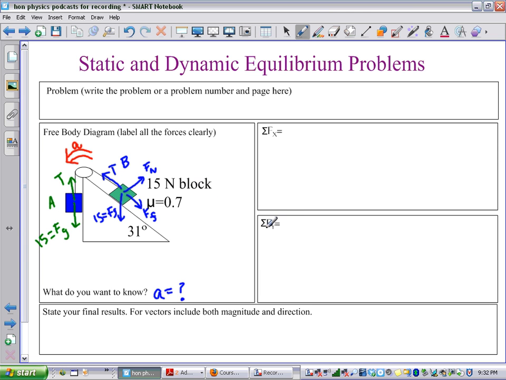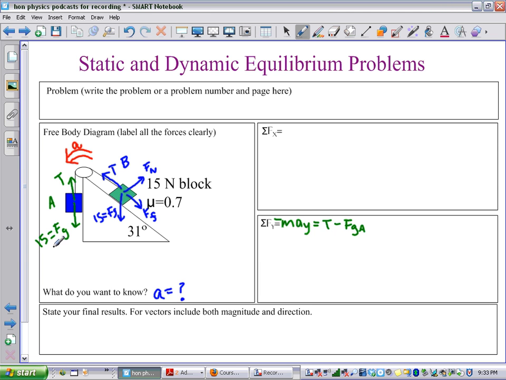Using our first condition for equilibrium, the sum of the forces in the y direction equals m a_y, and that will equal tension, which is going up, minus force of gravity on block A, which is going down, and our acceleration. If we say the block is accelerating downward, it's speeding up in the negative direction, so we need a negative sign here for our acceleration.